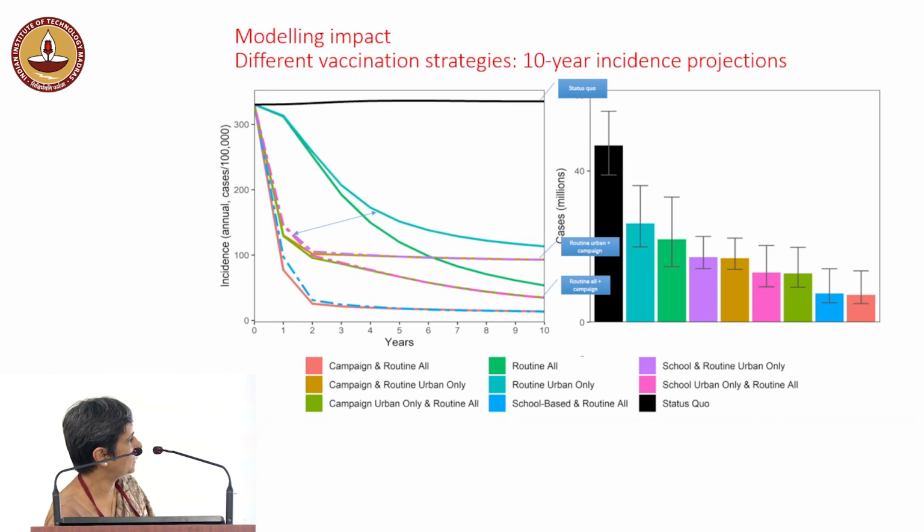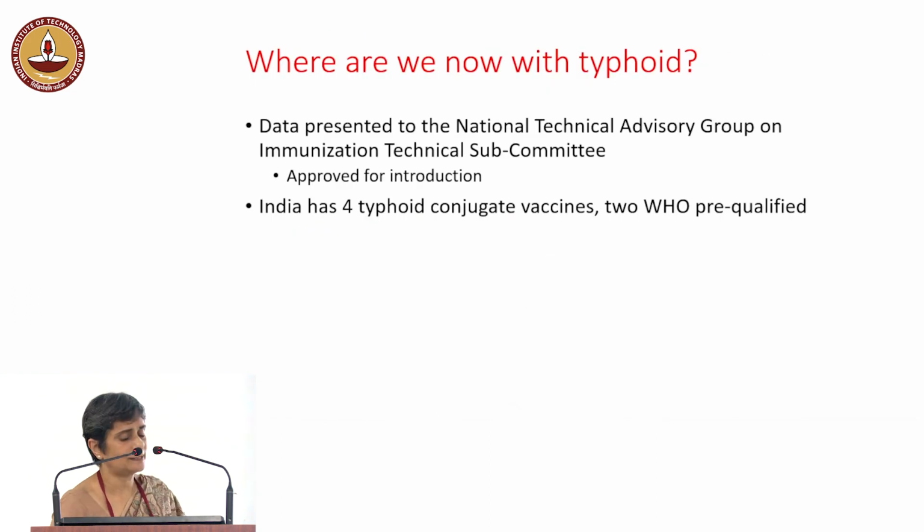So if we were to do a campaign plus routine strategy, effectively we could push the measurement of impact in the population back by about 4 years. So these data were presented to the National Technical Advisory Group on Immunizations, and this vaccine has now been approved for introduction.